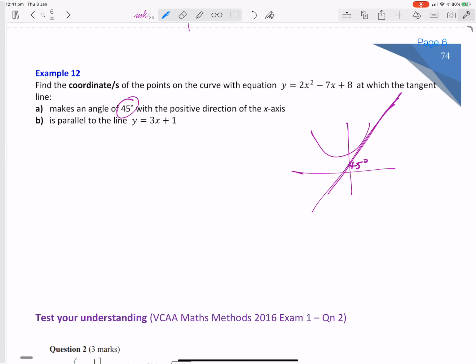If you don't remember, here I can create a triangle. That is my rise. That's my run. So we can say tan of 45 is equal to rise over run, but we know that rise over run is also m. So my gradient is tan of 45.